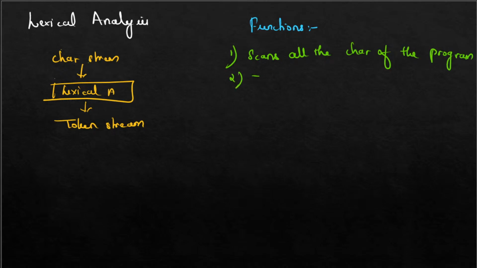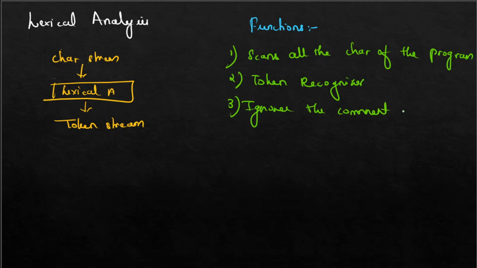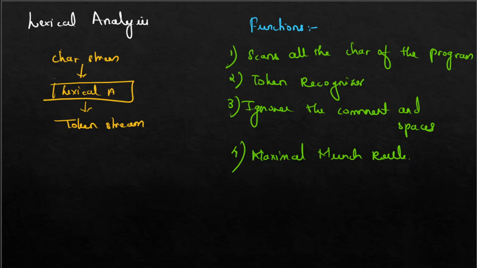Second is token recognition. Third is ignoring comments and spaces. Fourth is that the maximal munch rule is applied, which is the longest prefix match.